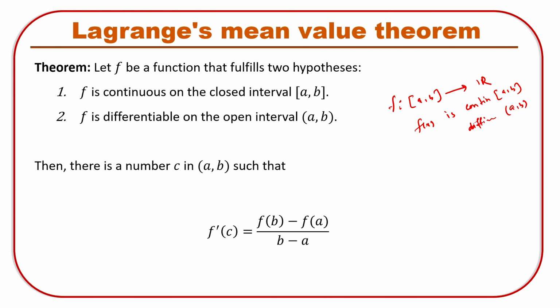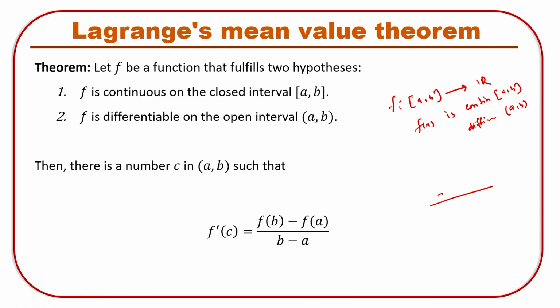Have you ever wondered why we are leaving out those endpoints for differentiability? I think you may remember that for the endpoints, the differentiability of a function depends on one-sided limits. So for f dash of a, if I want to calculate it, I need to find the limit as x tends to a plus of f of x minus f of a divided by x minus a.